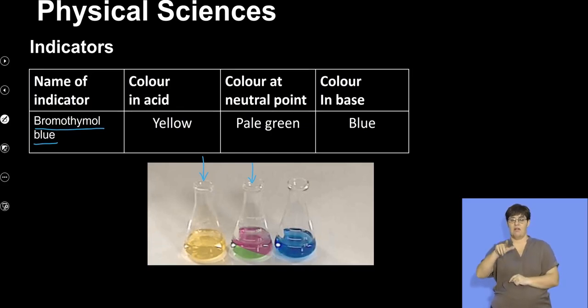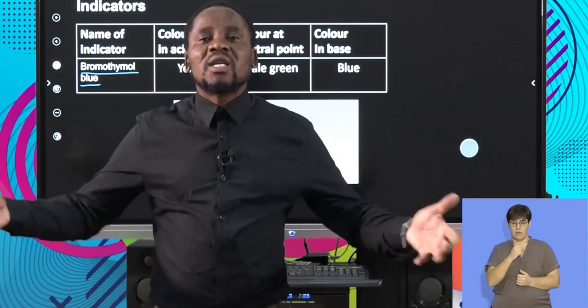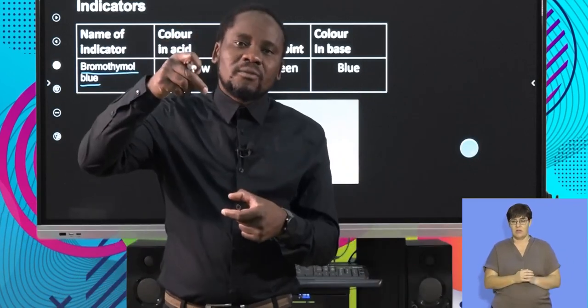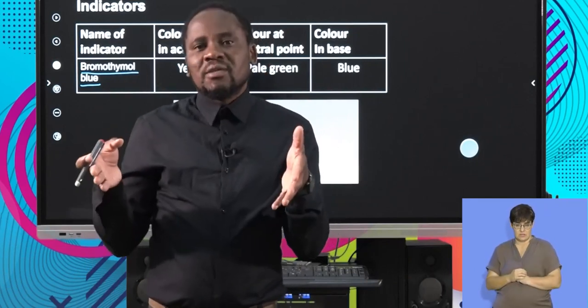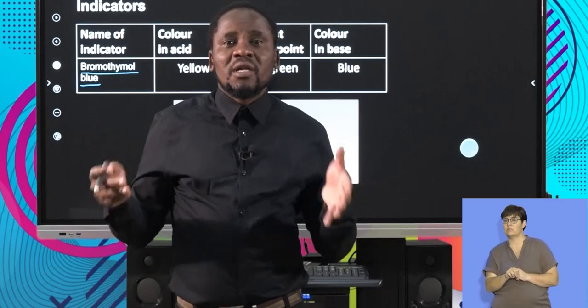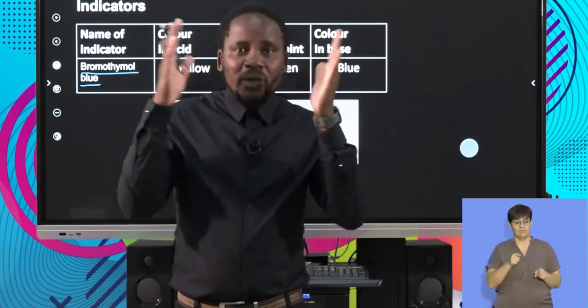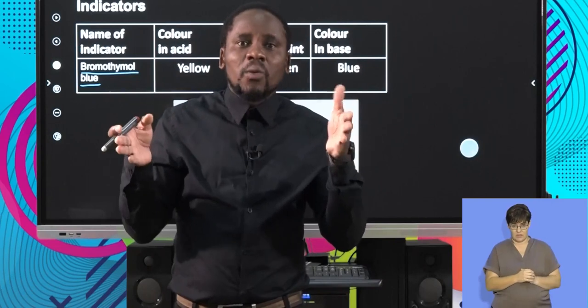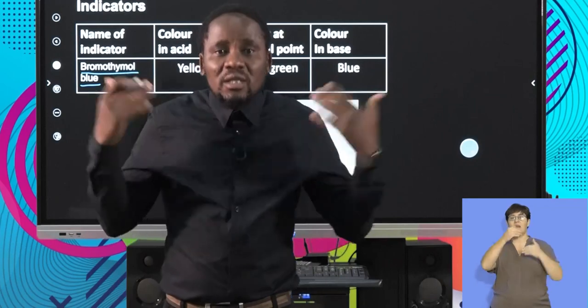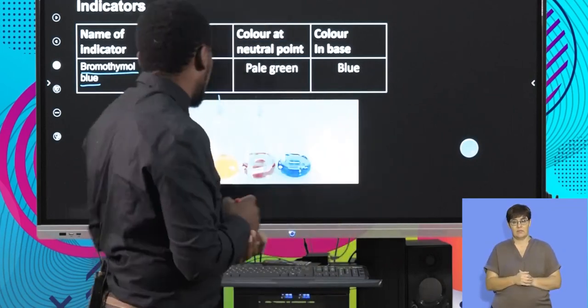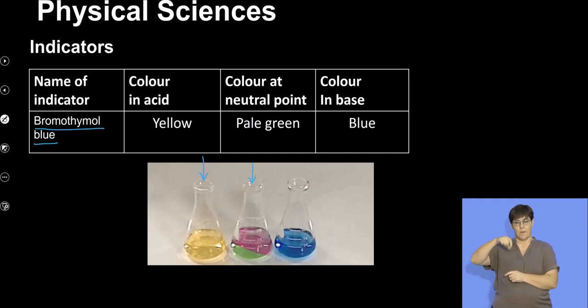What is of particular interest to us is that if there is a neutralization reaction and we've added bromothymol blue, we get an indication as to whether this reaction has reached a point where the two substances are neutral in the vessel, and that color change into pale green is what bromothymol blue does. And if we place a few drops of bromothymol blue in a sample of a base, the color is blue. Very important there.